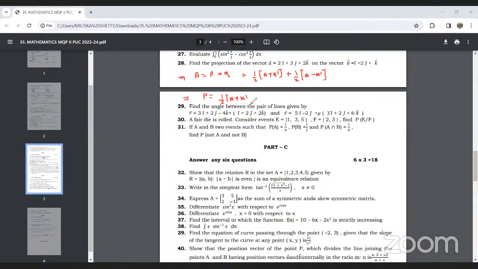Obtain this P value, and then show that P dash is equal to P. When we show P dash is equal to P, 1 by 2 (A plus A dash) is the symmetric part.